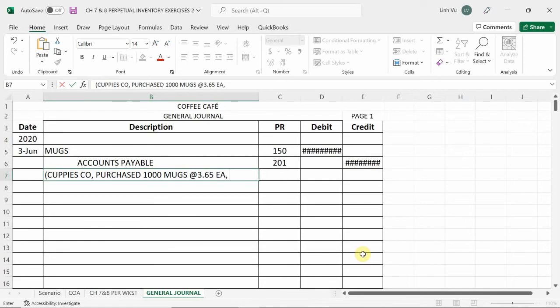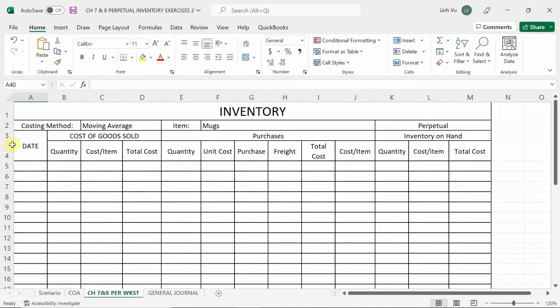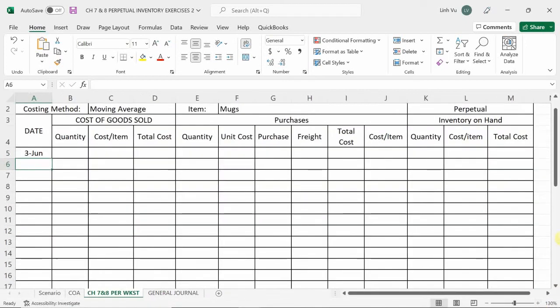We get a 5% opportunity if we pay within 15 days. If not, the entire bill is due in 30. Let's plug that into my inventory worksheet. June 3rd. Skip over the cost of goods sold.